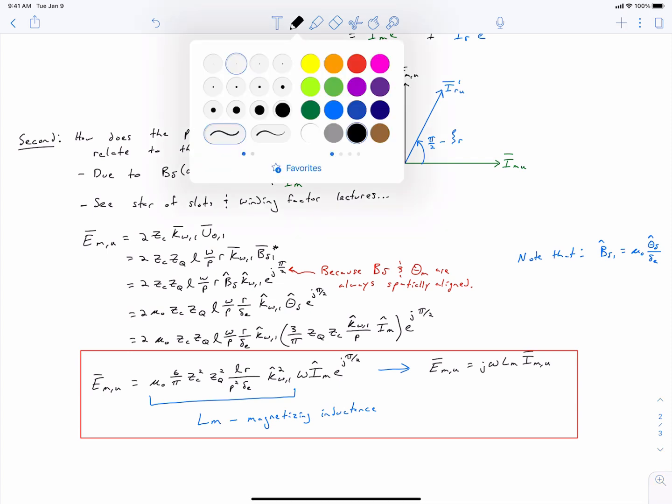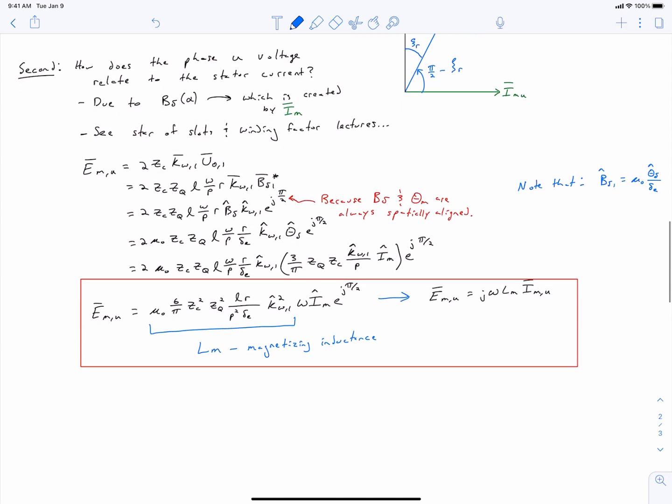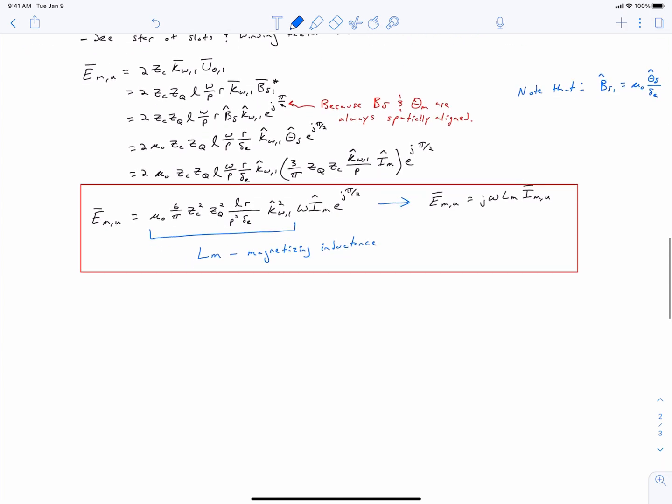And so we can see from this diagram that this angle right here that separates our rotor current referred to the stator is delayed from the phase U magnetizing back EMF by the angle of our rotor impedance. It's an interesting result. We're now ready to sketch our equivalent circuit, or our first pass at an equivalent circuit.